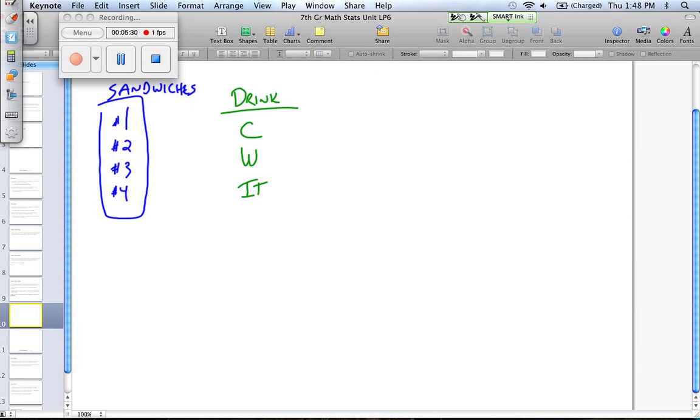The easiest way to answer this problem, to show him how much smarter you are, is to draw a tree diagram. You have one set of options followed by another. So if I started off with sandwich number 1, I could then choose between a Coke, a water, and a tea. If I chose sandwich number 2, I could choose between a Coke, a water, and a tea.